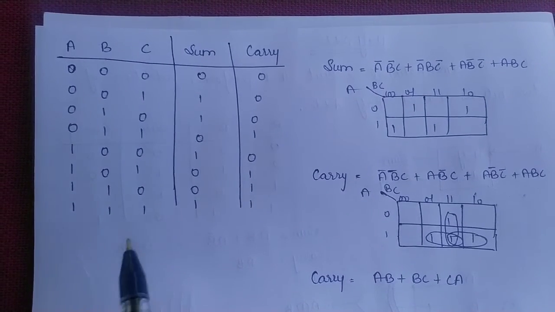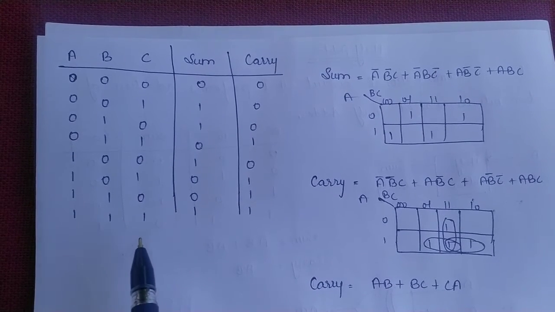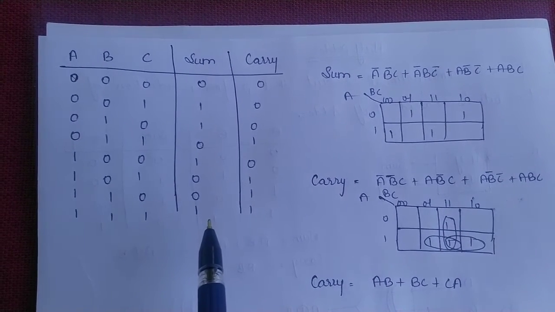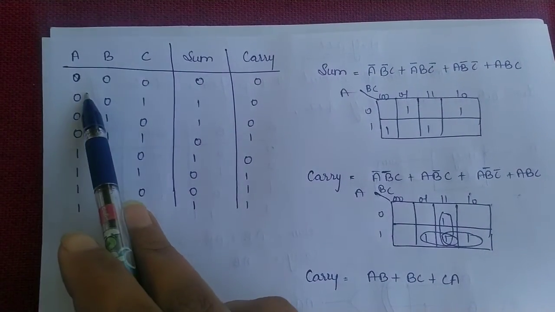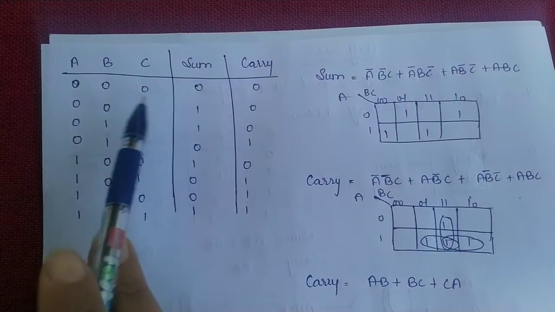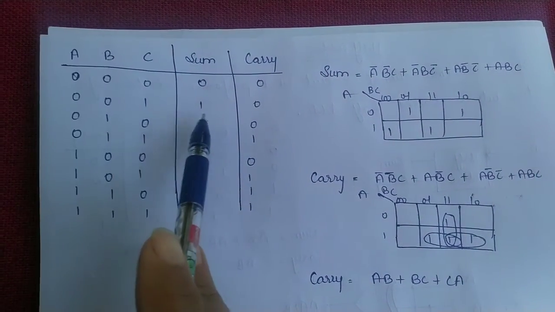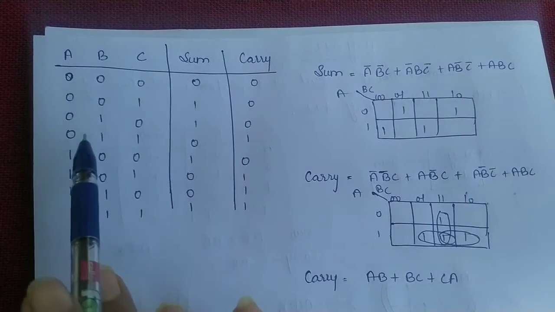This is the basic representation of how we add 3 bits and what output will come corresponding to these inputs. See, if all 3 bits are 0, then sum will be 0 and carry will be 0. If the inputs are 0 0 1, then sum will be 1, carry will be 0.